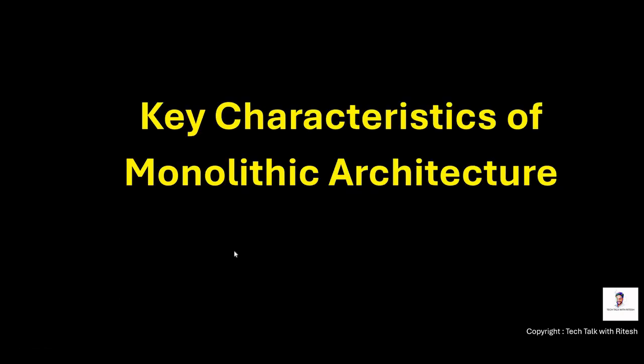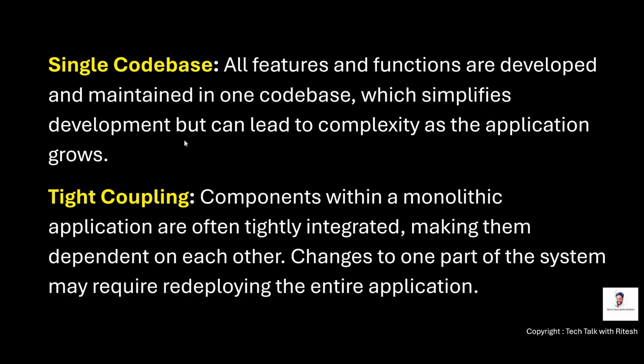Now let's understand the key characteristics of monolithic architecture. Single code base. All features and functions are developed and maintained in one code base, which simplifies development but can lead to complexity as the application grows. Tight coupling. We already know what coupling is. Coupling is when different modules of the application rely on each other, they have dependency.